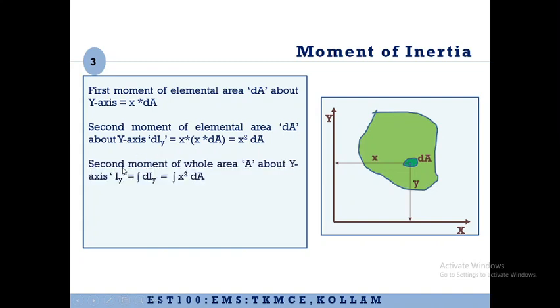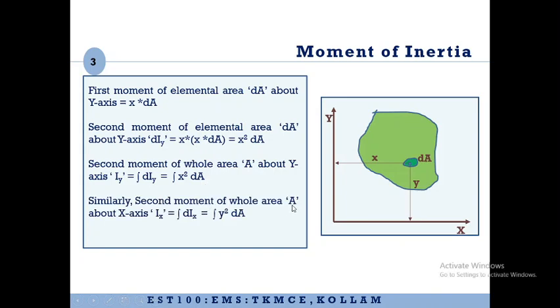If we need to find out second moment of the total area A about the y-axis, we represent it by Iy. It is equal to integral diy, that is equal to integral x square dA. Similarly, second moment of the whole area A about the x-axis, Ix, is equal to integral dix, which is equal to integral y square dA.